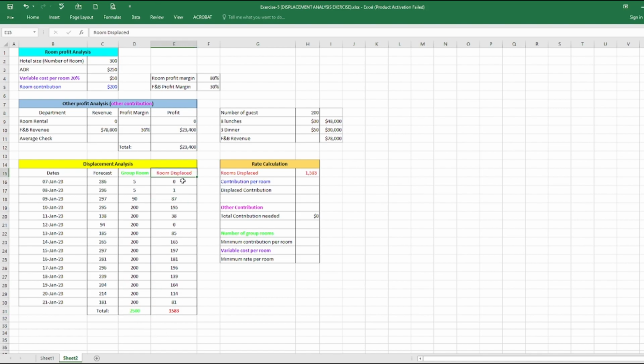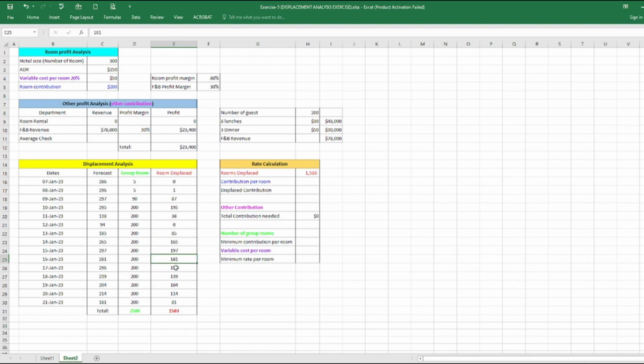Talk about rooms that need to be replaced, because our room size is 300 rooms. On the 7th we don't need to displace because we still have some rooms available. On the 8th you need to replace 1. On the 9th it is 87. Moving forward, only on 12 January we have enough rooms, so no replacement.